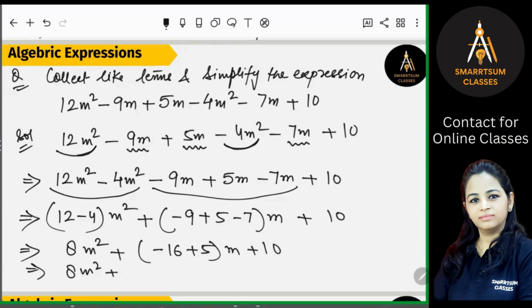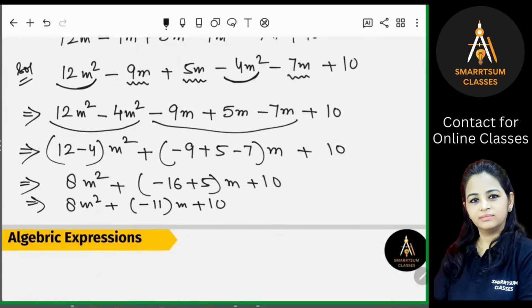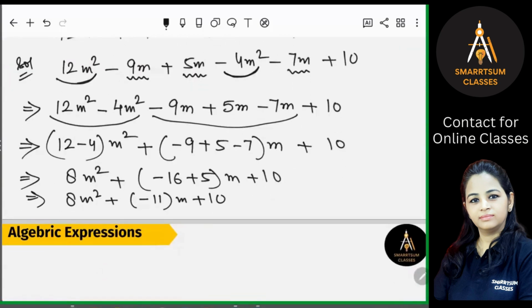Now minus 16 and plus 5 is minus 11m plus 10. Now you can remove the bracket and put this as it is. So you can write it as 8m square minus 11m plus 10. And this is the final answer.